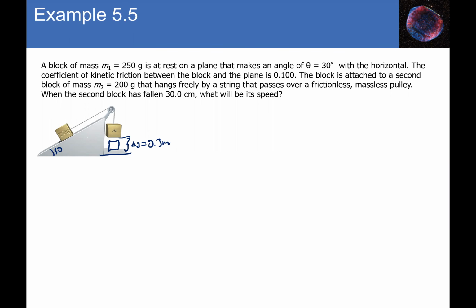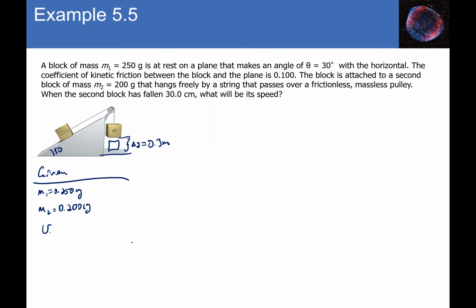All right, so let's see what we have. We are given mass 1 and mass 2. So we're given that mass 1 is 0.25 kilograms. I guess I need more room. And mass 2 is 0.2 kilograms.